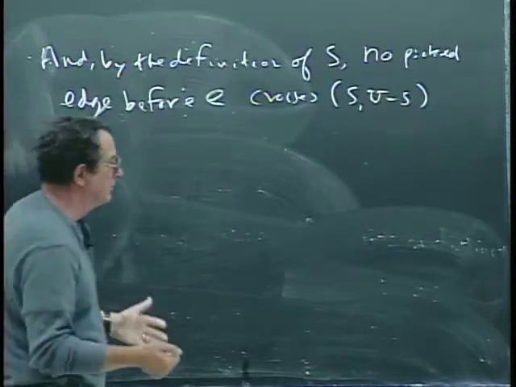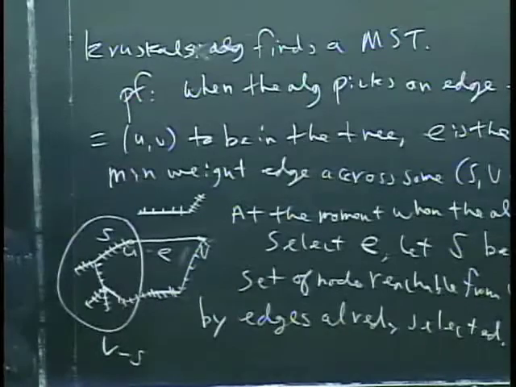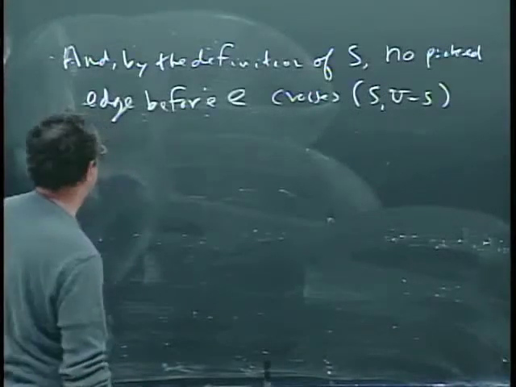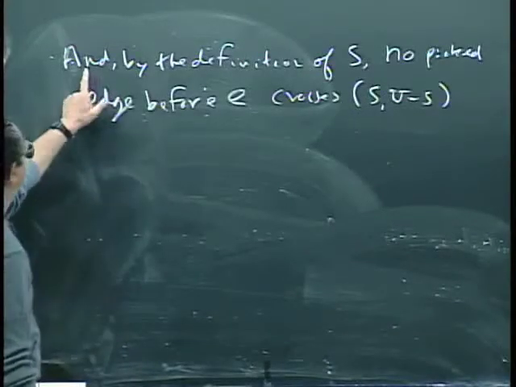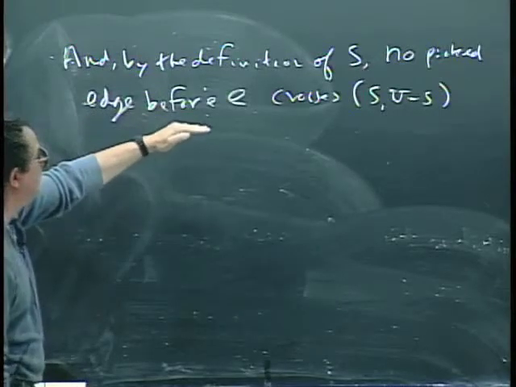But therefore, there couldn't have possibly been one, because S is defined to be all the nodes that are reachable from U. So by definition, no picked edge before E crosses from there.